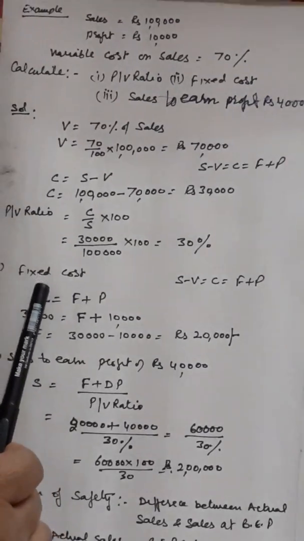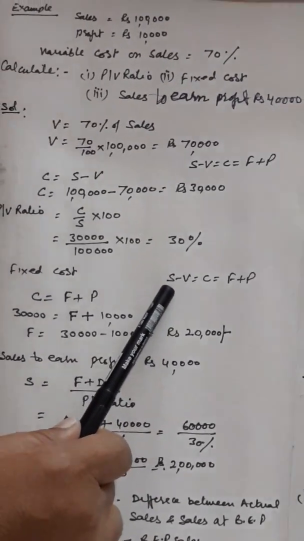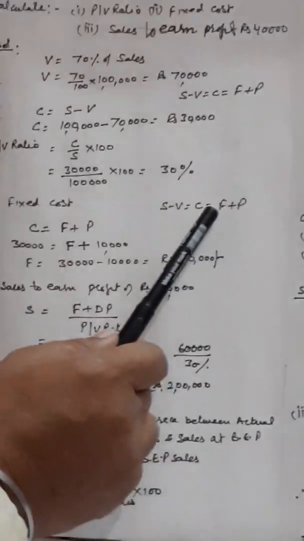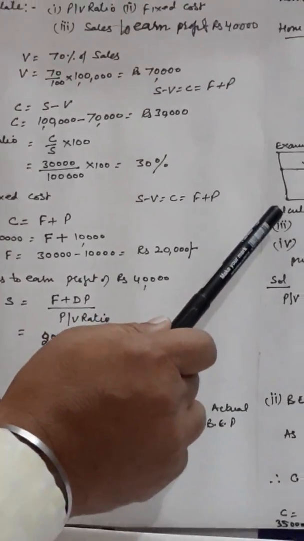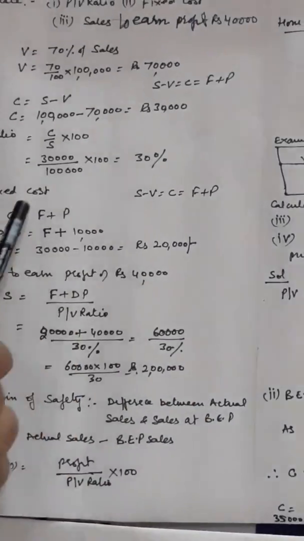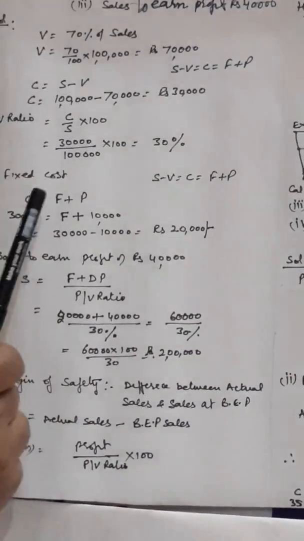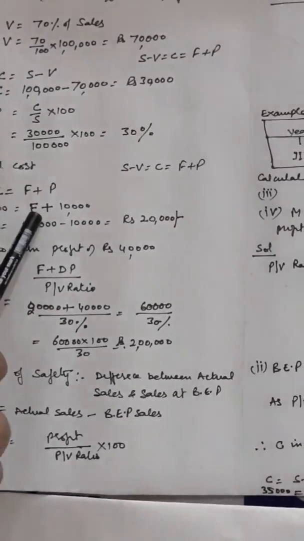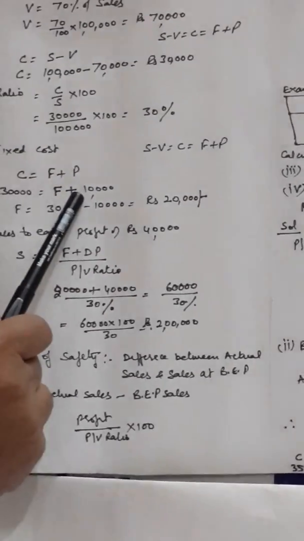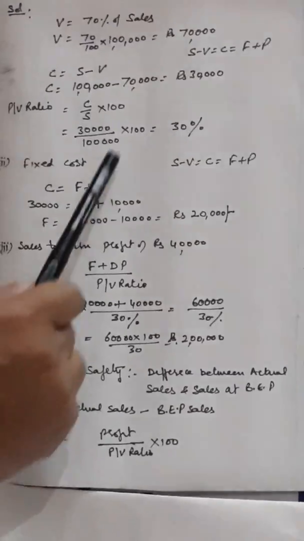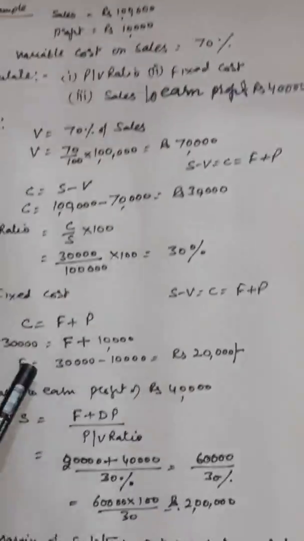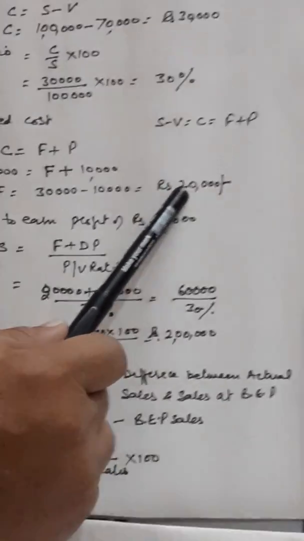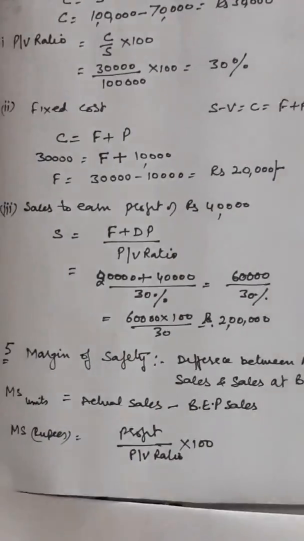From the marginal cost equation, S minus V is equal to C is equal to F plus P, by taking the right hand side, C is equal to F plus P. C is given, we have just calculated 30,000. F we do not know, plus profit, it is given 10,000. Then fixed cost will be 30,000 minus 10,000, it will be 20,000 rupees.